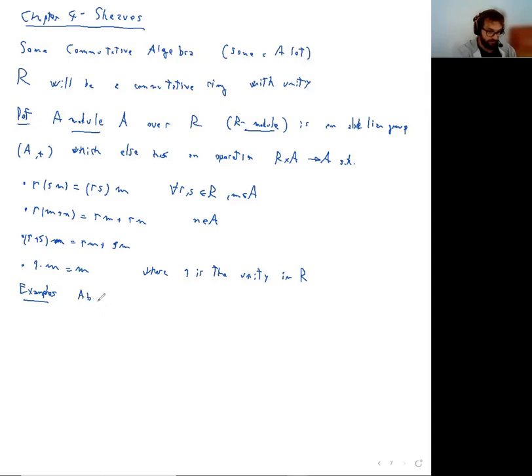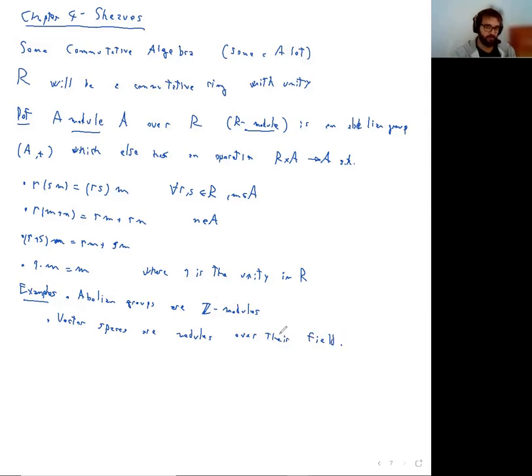All abelian groups are Z modules. Vector spaces are modules over their field.